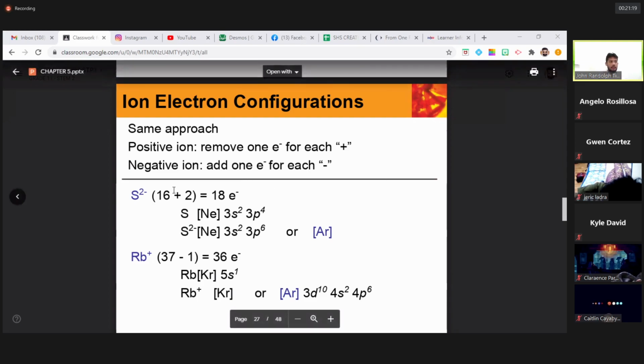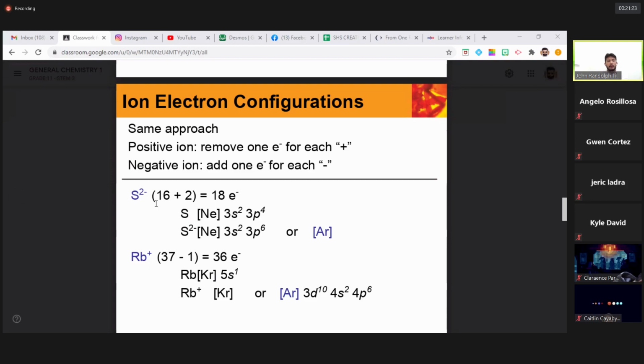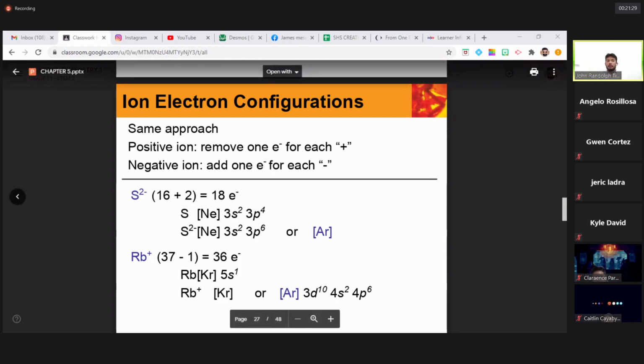Since that's 2 minus, the total number of electrons for sulfur 2 minus is: sulfur in your periodic table is 16. Its neutral atom has 16. Since there is a 2 minus here, you add 2.